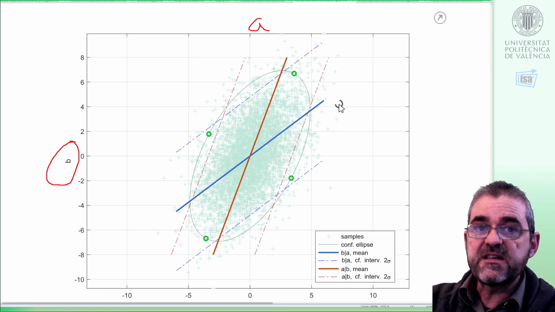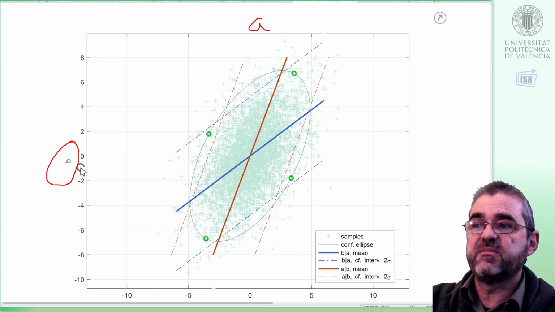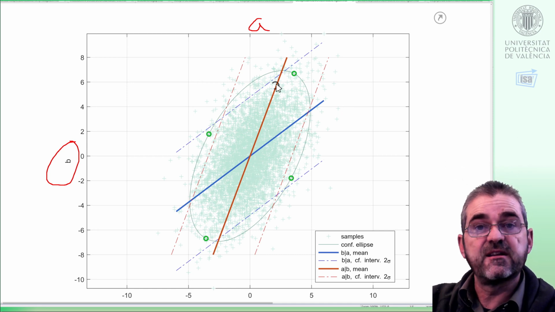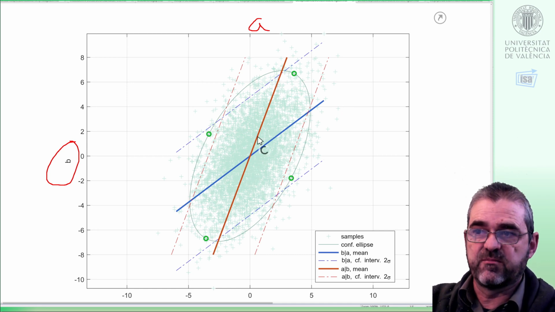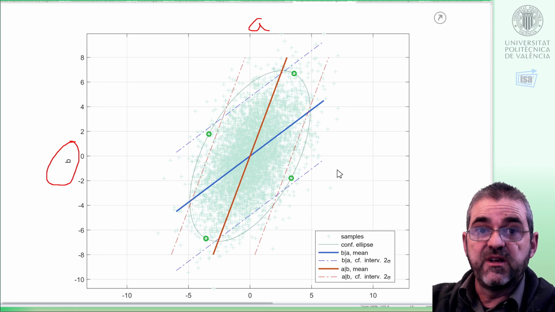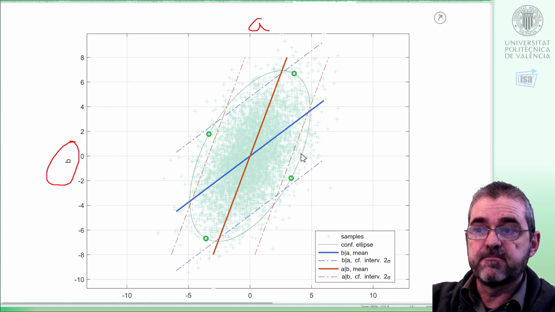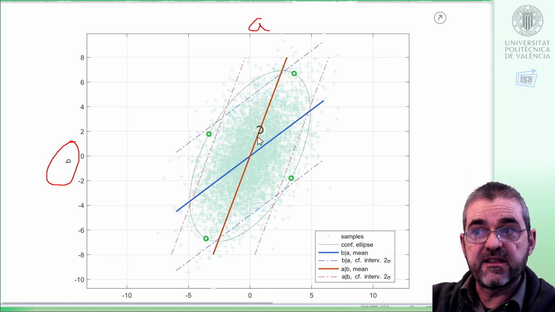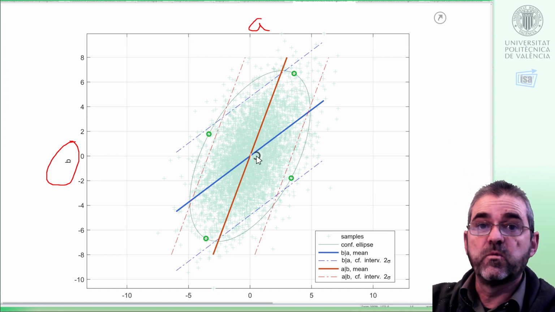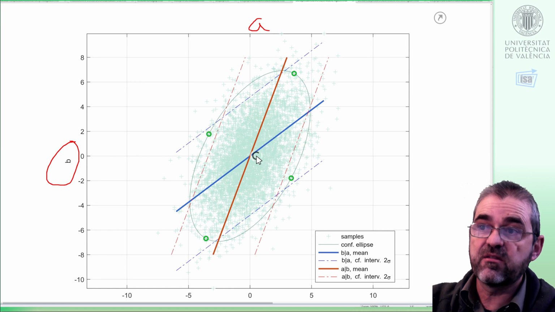But the best prediction of A given B is the red line. We have some confidence intervals also, in dashed lines. So if one model had been the algebraic inverse of the other, then the blue and red straight lines would have been coincident, but they are not.